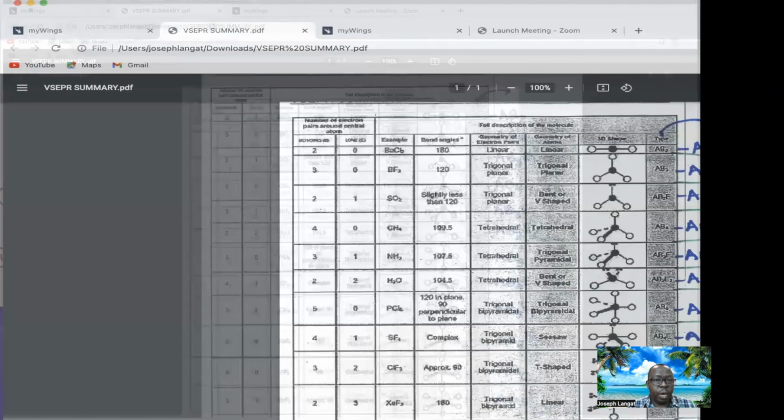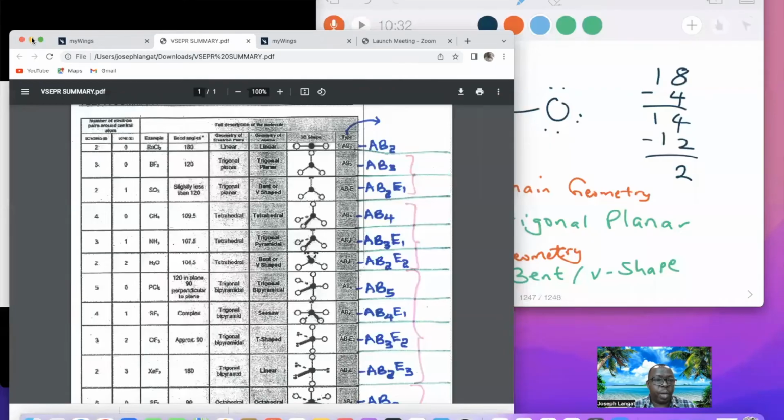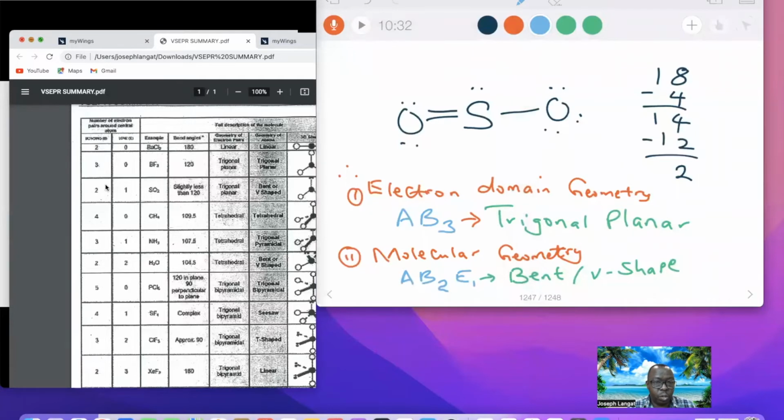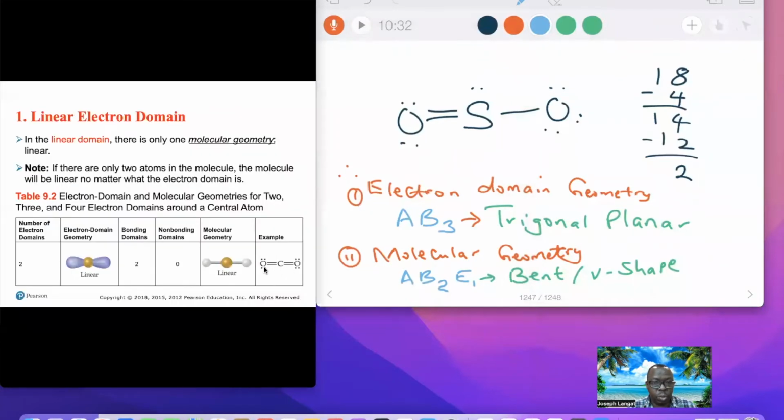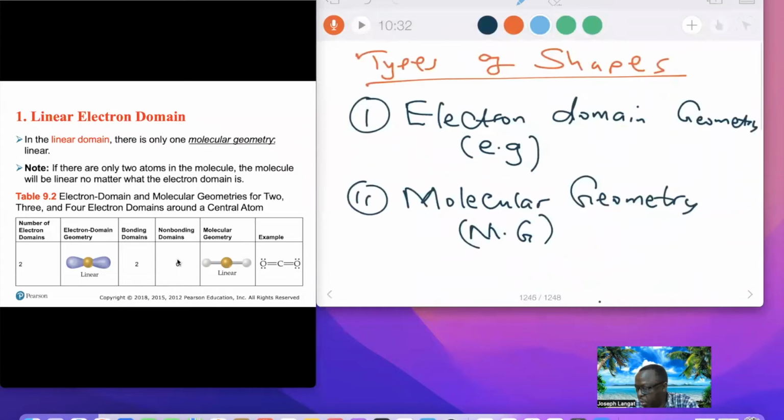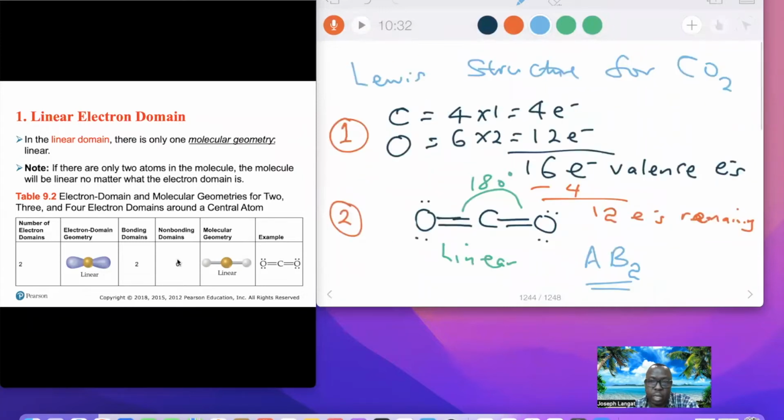Let's see, for linear electron domain geometry, CO2, no non-bonding pair. So it's just AX2, that's what I showed you earlier. It is AX2, there are no non-bonding pairs on the central atom. So there are 2 domains, hence linear.